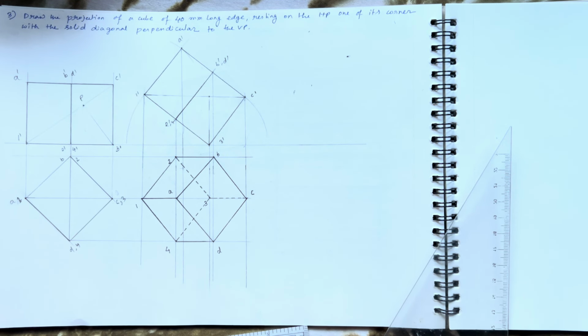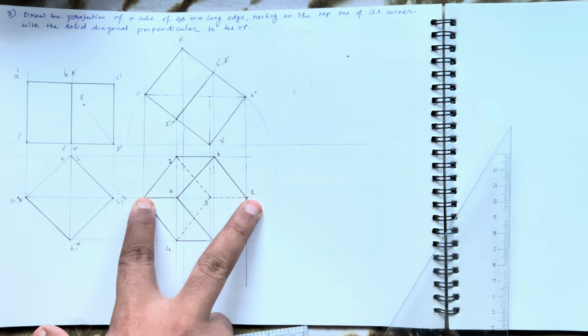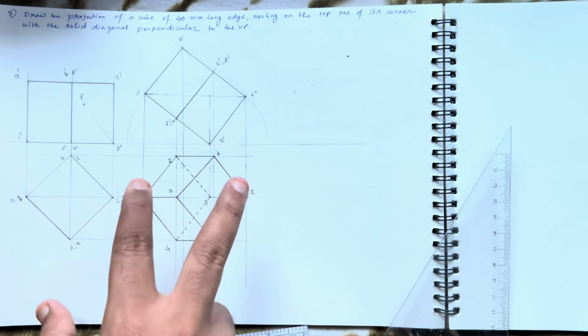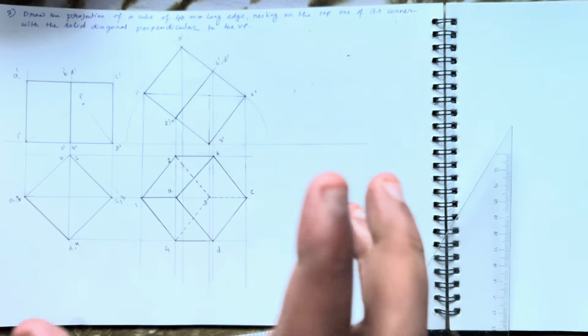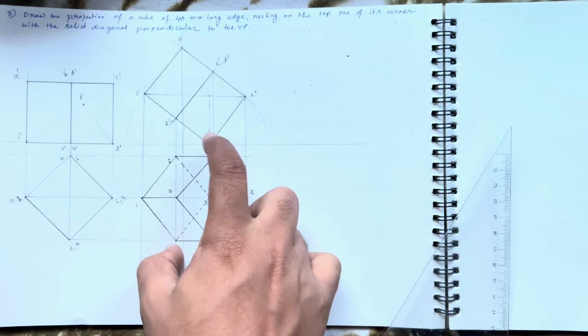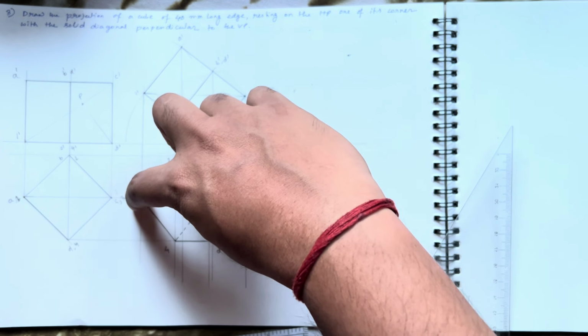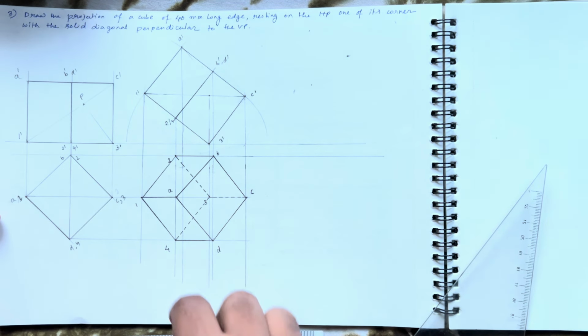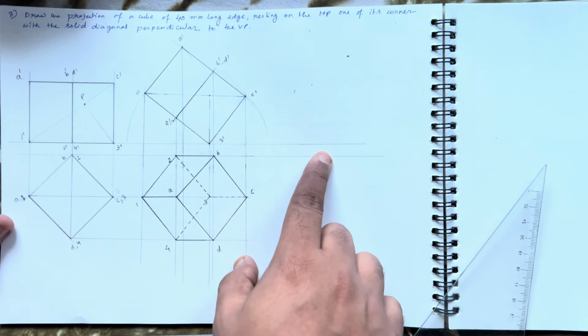So 1 and C is your horizontal, this axis is horizontal, parallel to HP. Now make it vertical. That means you can rotate this like this. So 1 should be here.